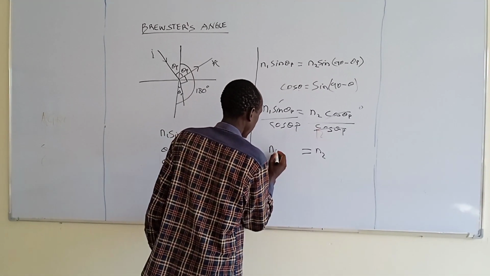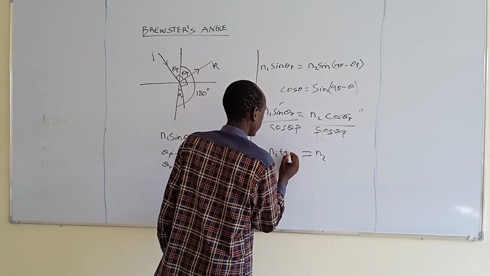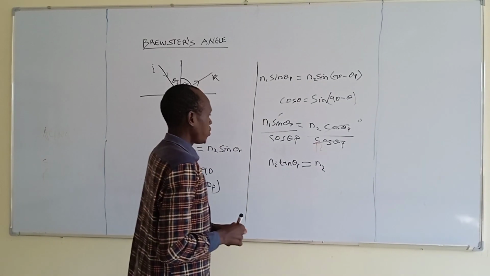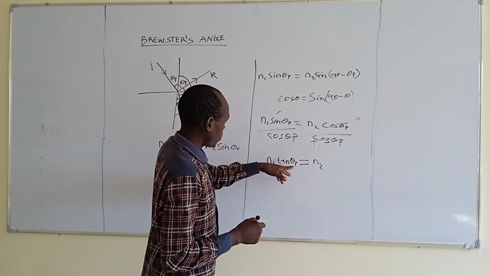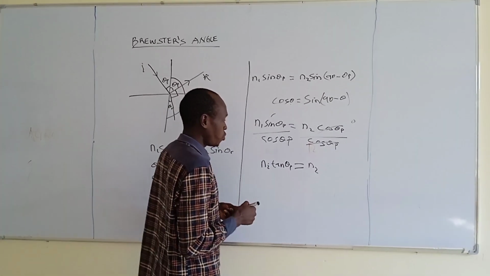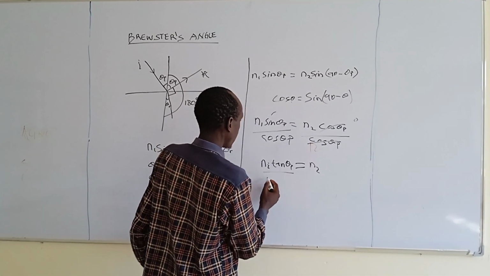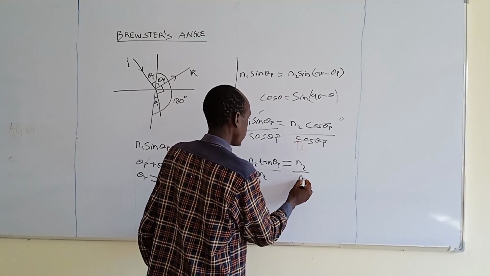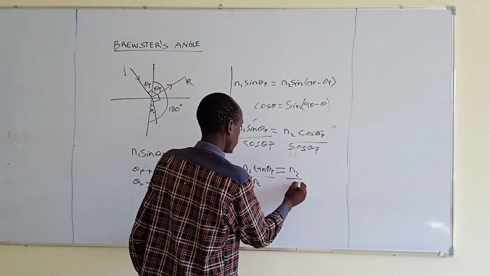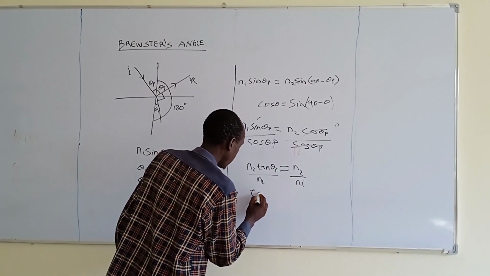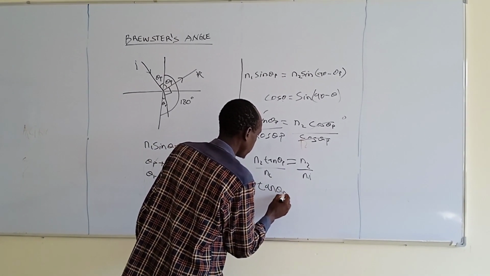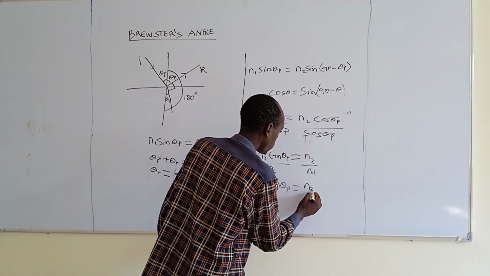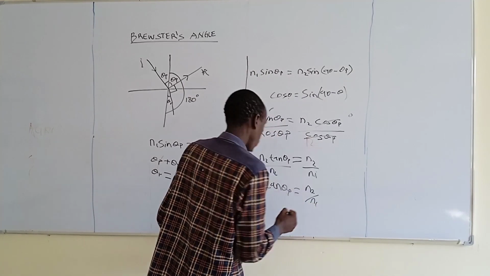So this is n1 tan theta p. Now this is our new equation. So divide this side by n1, and this side by n1, so that we remain with tan theta p is given by n2 divided by n1.